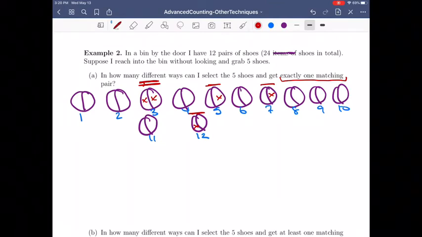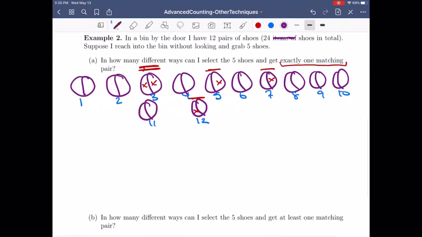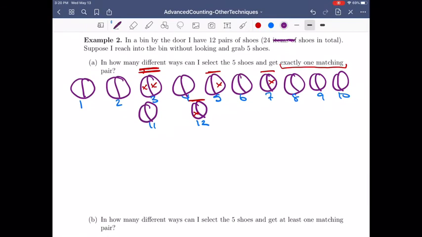Here we're picking within groups of objects, and I want to know that I get a specific number from each of these groups. So what we're going to do is think about getting a shoe as a 2-step process.